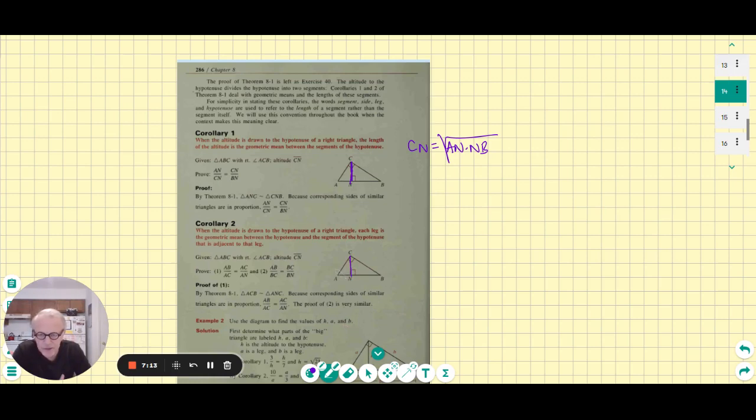For example, AC is the geometric mean between the hypotenuse and the segment of the hypotenuse that is adjacent to that leg.